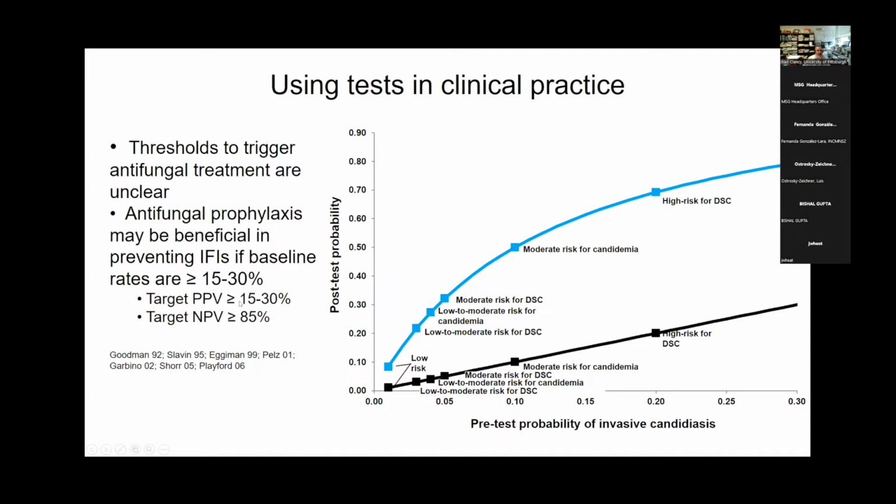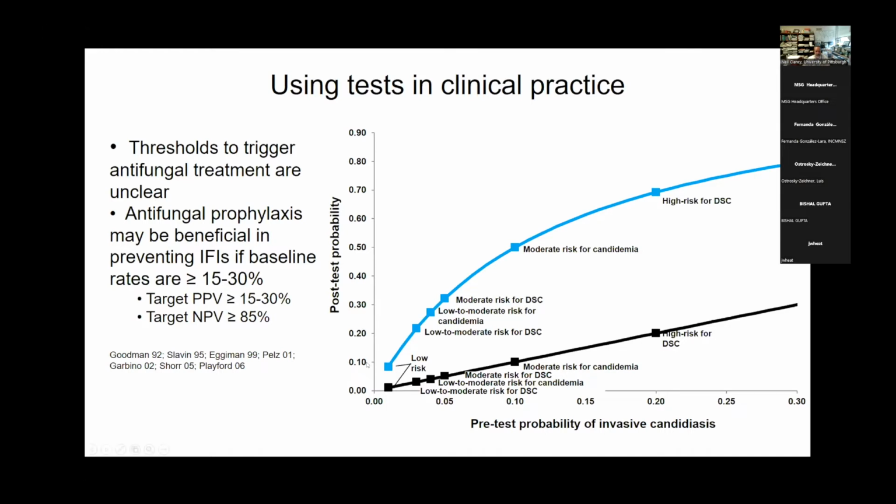So then we might take this as a target that could justify antifungal therapy, in which case we want to get target positive predictive values greater than or equal to 15 to 30%, with corresponding negative predictive values that remain in the upper 80s or 90%.